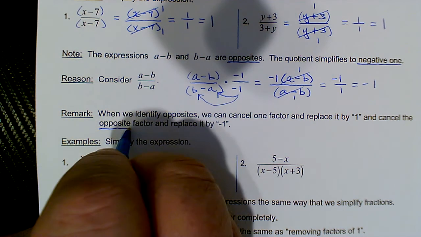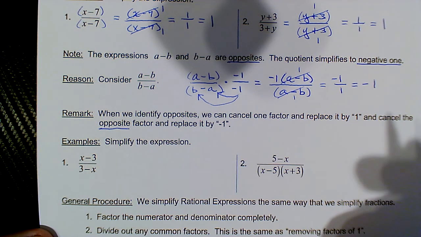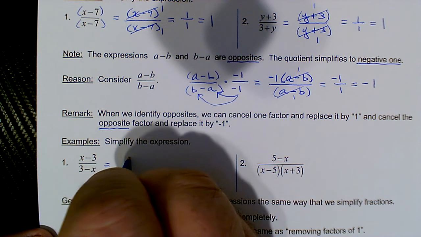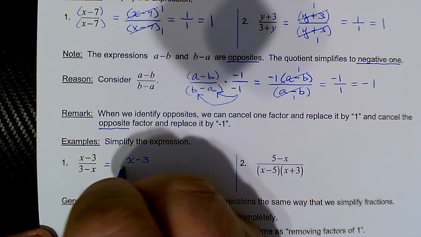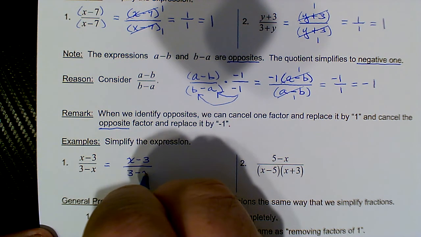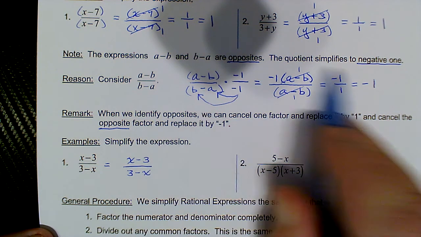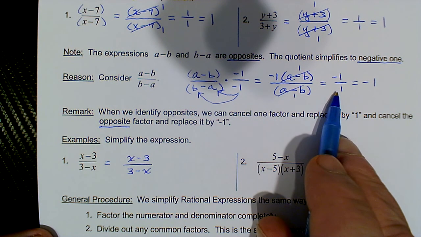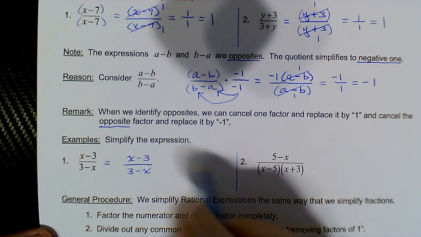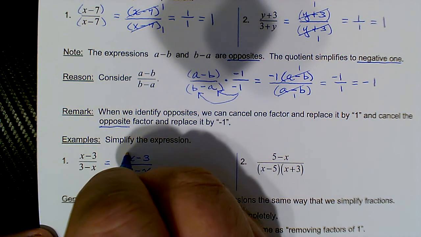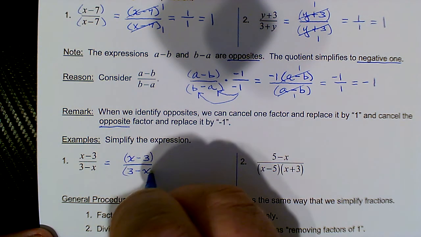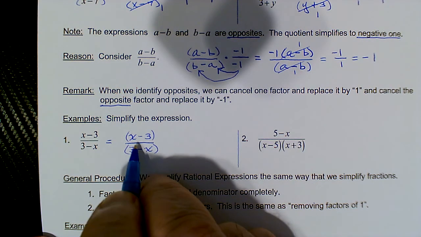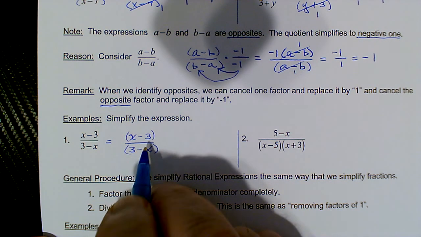So in this expression, okay, I'm going to rewrite it x minus 3 over 3 minus x. You don't have to go through this process every time, okay? This was just to justify it. And now we'll take the shortcut. If we recognize these as being opposites, binomials that are opposites, and again, it's easy to do so because they're just opposite signs. X is positive here, it's negative here. 3 is negative here, it's positive here.